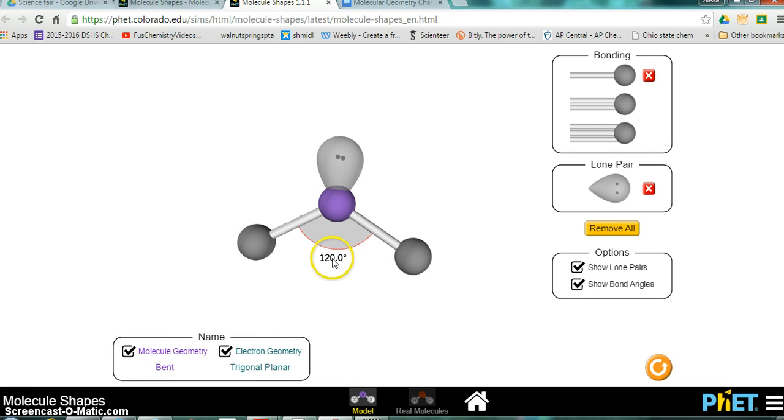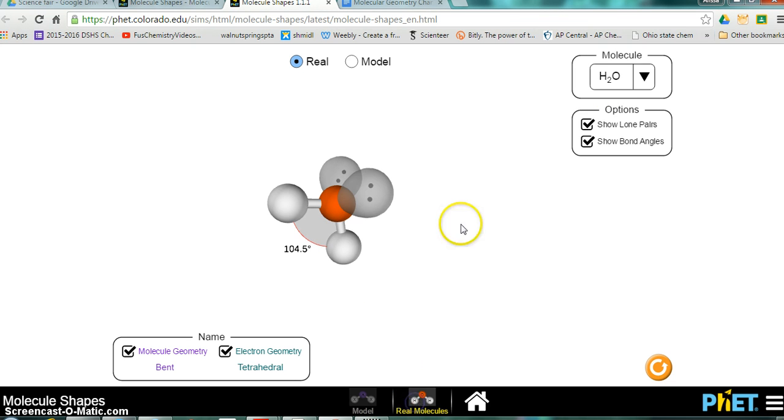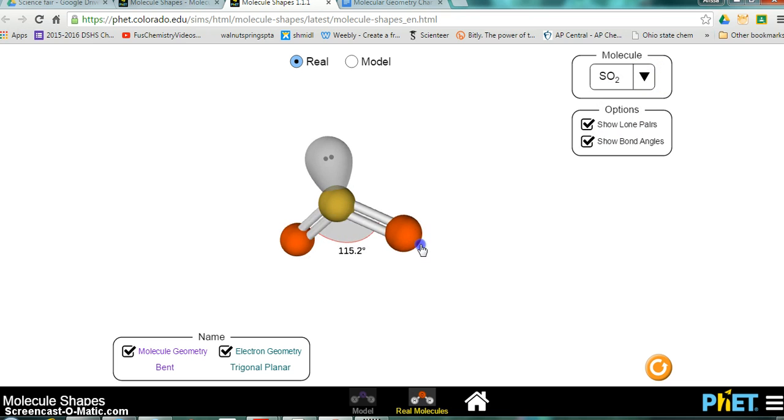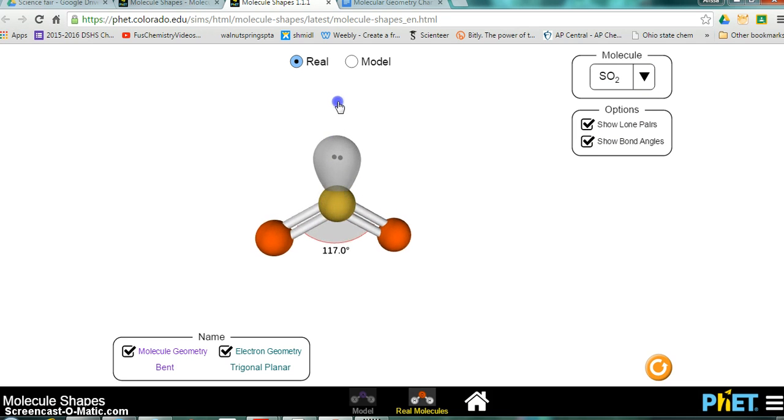Now the bond angle in the model says it's 120, but if we look at some real molecules that have this geometry, like sulfur dioxide, which has 2 bonds and 1 lone pair, the bond angle is actually slightly less than 120. That's because the lone pair repels the electrons in the bonds and pushes those bonds slightly closer to each other.